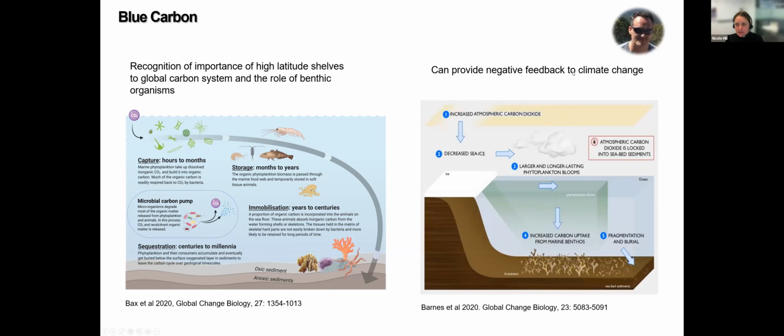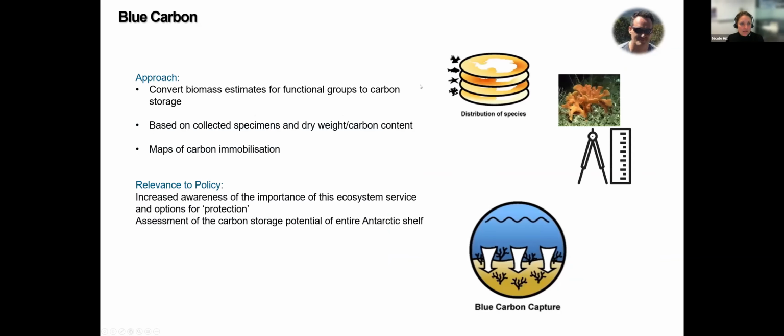And so this is really the seminal work of David Barnes at BAS, and he's going to be heavily involved in this component of the work. So we'll be building on his expertise and knowledge to then convert biomass estimates for the functional groups that we have to carbon storage.